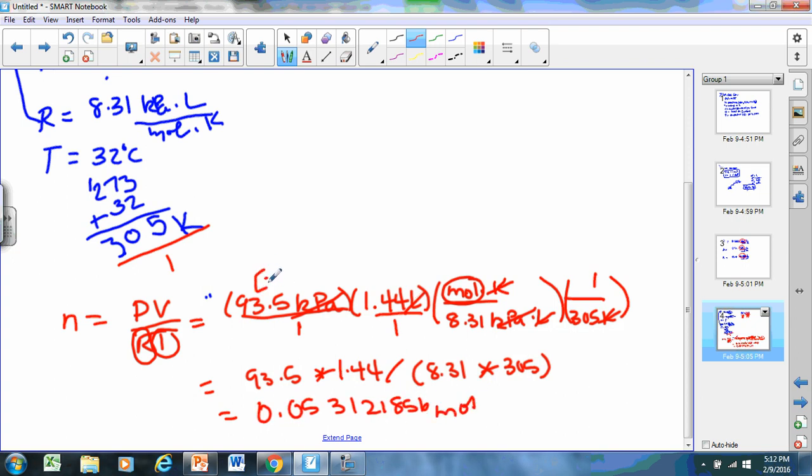However, this has 3 sig figs, and this has 3 sig figs, and this has 3 sig figs, and this has 3 sig figs.